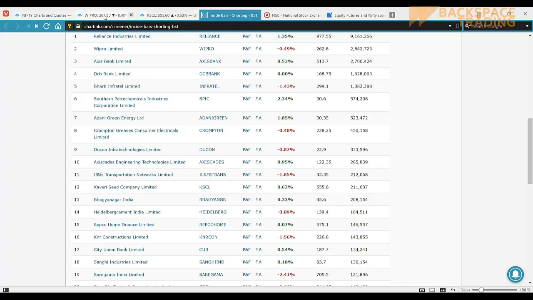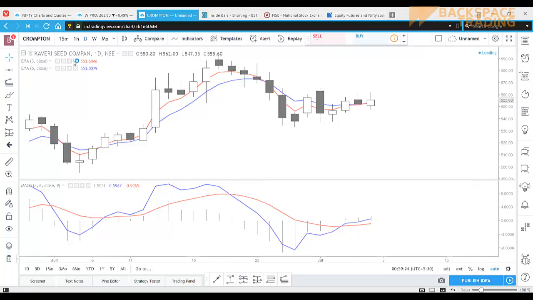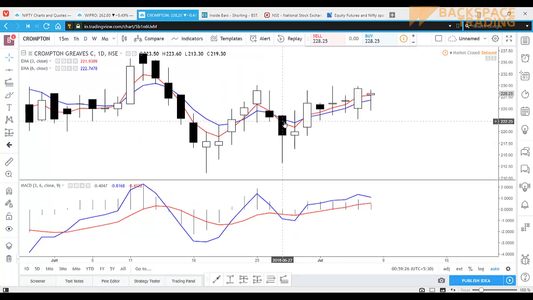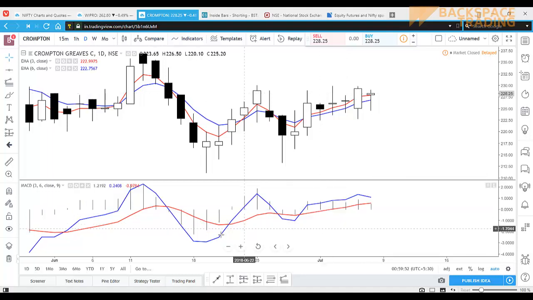Crompton Greaves, let's check Crompton. Sorry, not this. Crompton Greaves. Yep, it is a potential setup. How? Inside bar? Yes. Higher high? Of course. Zero line over here. See, how I find zero line is just checking the histogram, okay? That's how I'm finding zero line, because I'm not able to plot. I don't want to plot every time, wasting time.